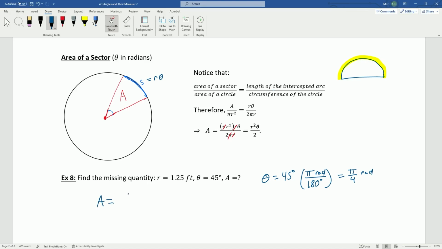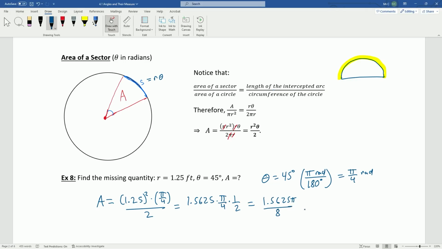So my area is my radius squared, 1.25 squared, times pi over 4 divided by 2. We'll rewrite this one step at a time. 1.25 squared is 1.5625, times pi over 4. And instead of writing this as divided by 2, I'll write it as times 1/2. So this is 1.5625 pi over 8.